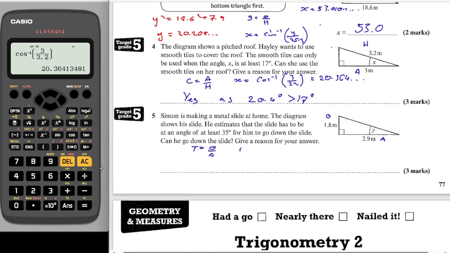So y is going to be equal to tan to the minus 1 of 1.8 over 2.9. And again, a bit limited on space, so I'm going to work across rather than down. So shift tan, and we'll type it in as a fraction, 1.8 over 2.9.